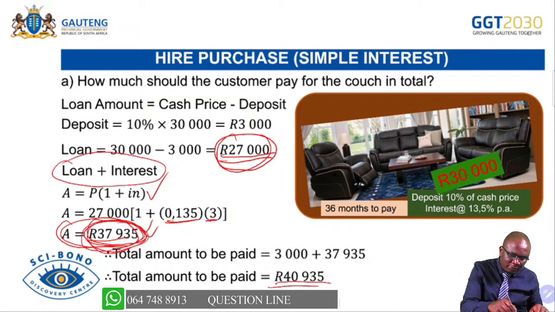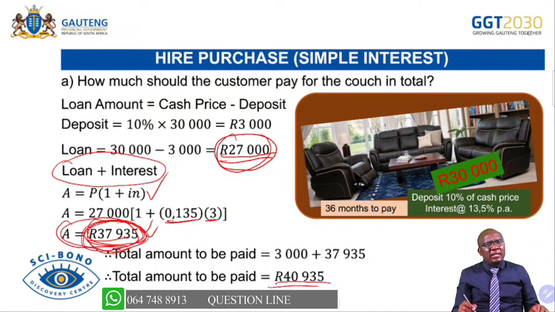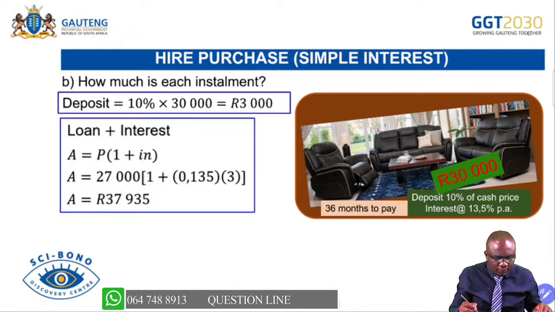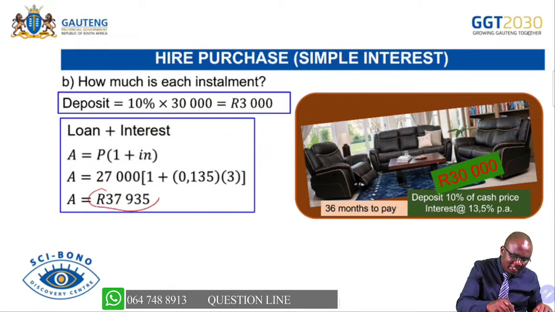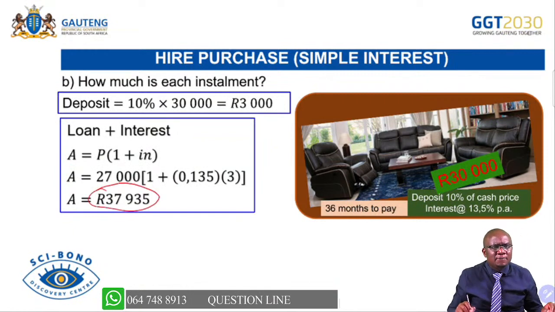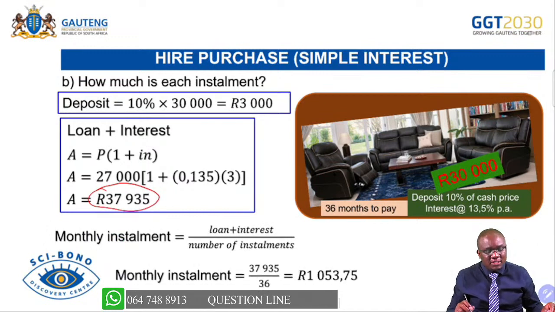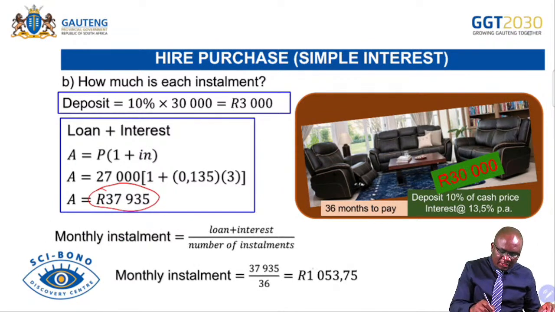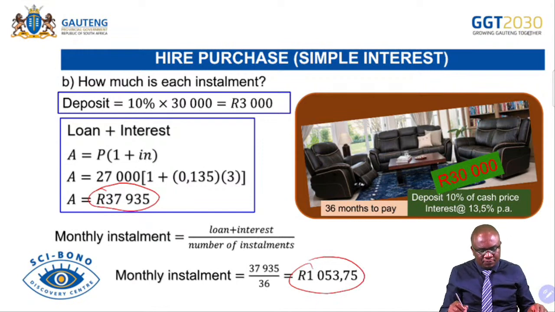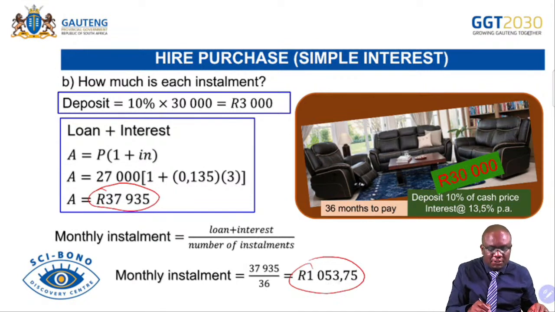Let me be clumsy a bit so that you can see. That's what we're using for the monthly installments, because that's the loan amount plus interest. Now, we're going to divide this by what? By the number of installments, which is 36. So each month is 1,053 rand and 75 cents.